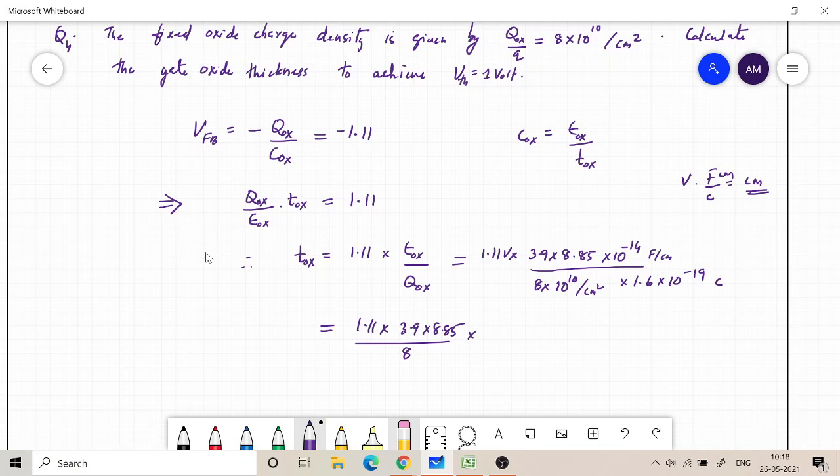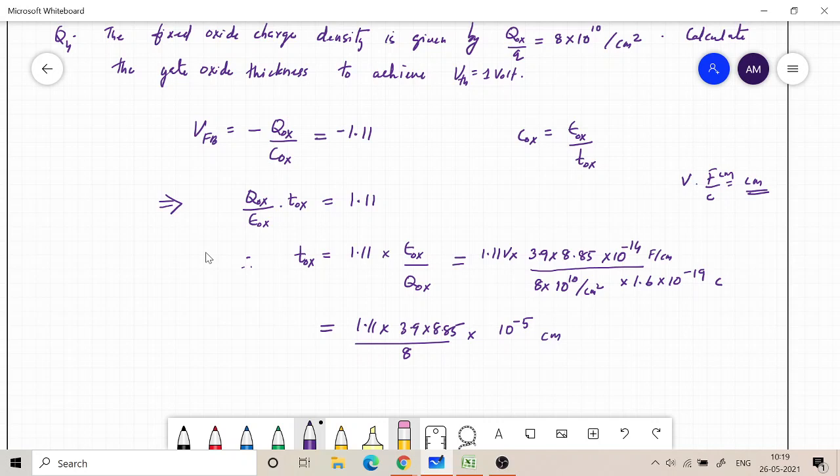Cancelling 10 raised to 14 with 10 raised to 19, I get 10 raised to minus 5 in the denominator, which multiplied with 10 raised to 10 gives 10 raised to minus 5 centimeter.